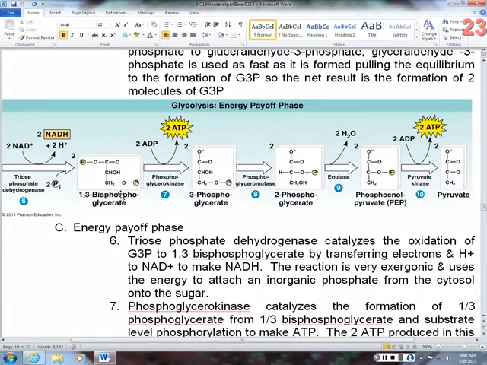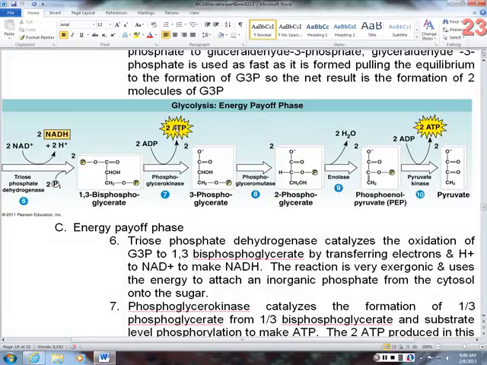Now we're finally going to get a little bit of energy back out of it here. So you're going to have those ADPs that you get from using energy that are going to come along, and they're going to pick up the phosphate on there. So you have another kinase in there that's going to phosphorylate ADP to make ATP.